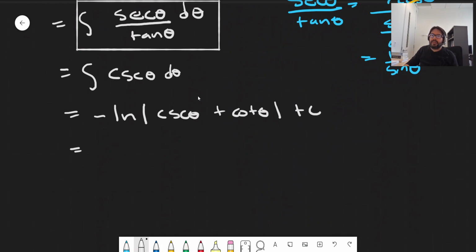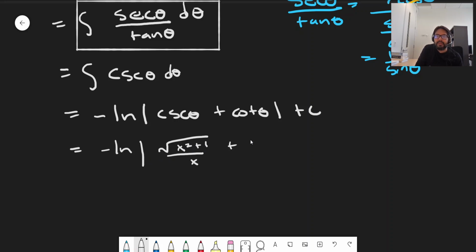So let's rewrite this using the definition. So that's going to be the negative natural log of, okay, so looking back at the triangle, you should get the square root of x squared plus 1 divided by x, and then plus 1 over x. And then we'll just do plus c.